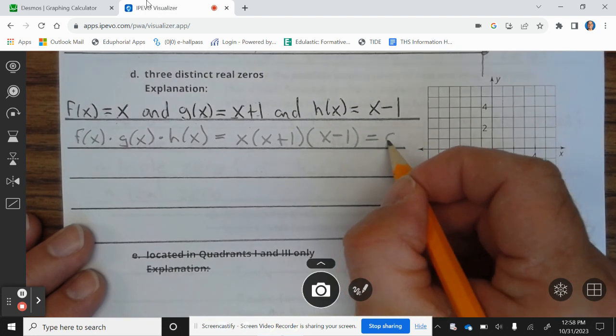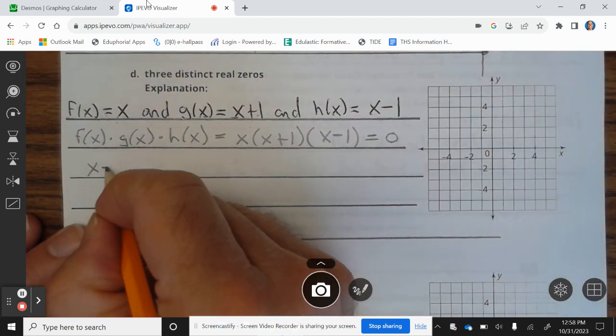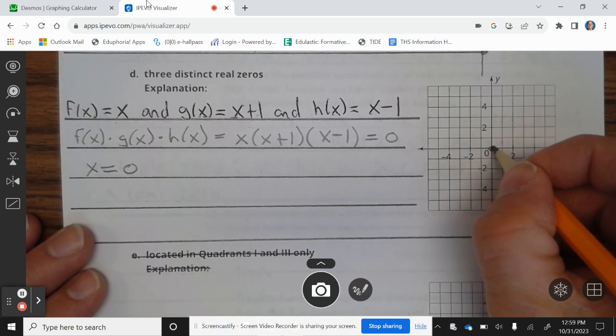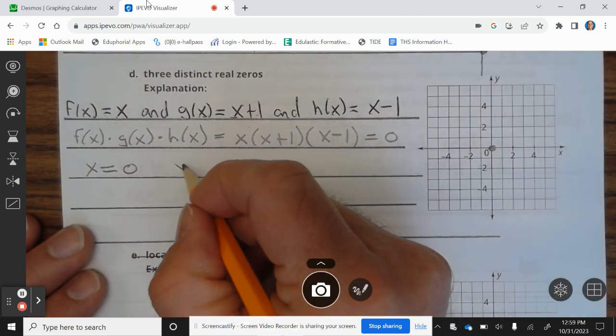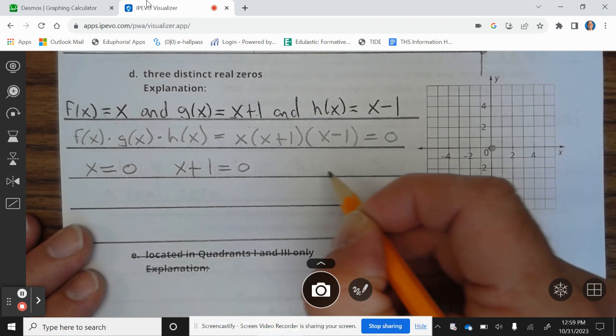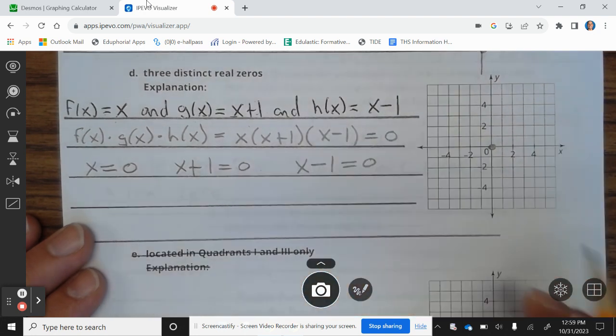And let's set that equal to 0. So x equal to 0. There's our first zero. x plus 1 equal to 0. x minus 1 equal to 0.